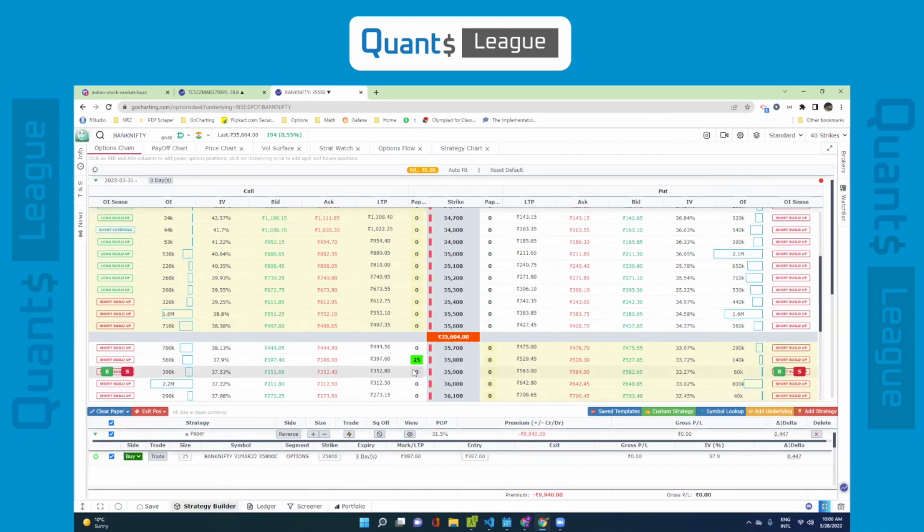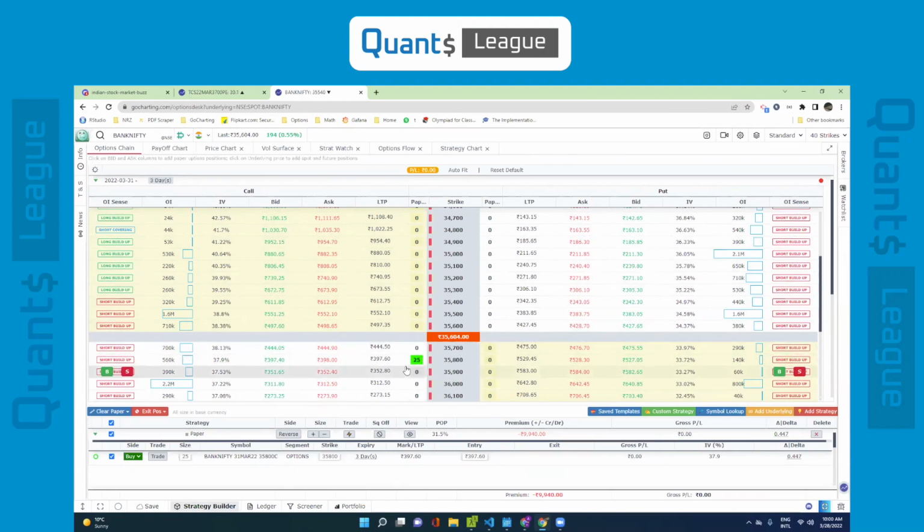So that is one of the other features that I wanted to talk about and I literally missed out. Other than the option chain being very advanced because it has all the 40 odd analytical metrics that you can add, you can also see your positions in real time directly on the option chain.